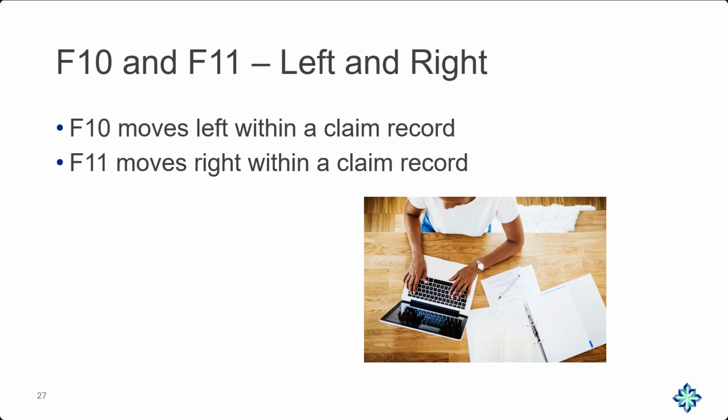So where F5 and F6 scrolled forward and backward or up and down, F10 and F11 scroll to the right within a record and left. Now this option is only available for certain pages or screens, and that's explained in the DDE manual. We'll talk about that a little bit more in just a moment.